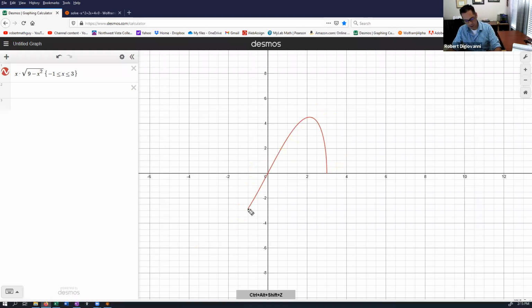Hopefully you see there's our global minimum, and here's our global max. If I hover over it, this global max happens at 2.12, that's what we said. And the answer is 4.5. And then the global minimum happens at -1, and you get -2.83-ish.